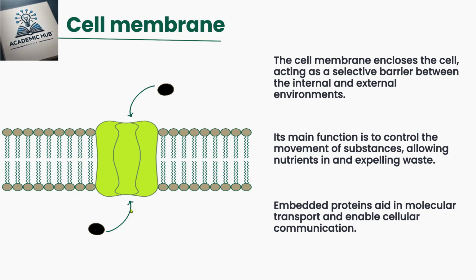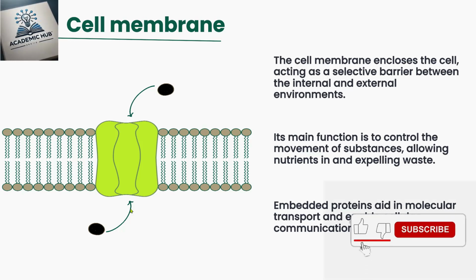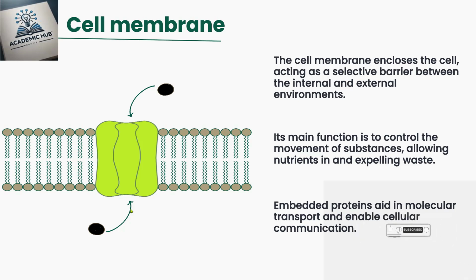Embedded proteins are central to these processes, facilitating molecular transport, mediating cellular communication, and supporting a variety of other functions such as enzymatic activity and cell adhesion. Examples from various cell types, whether nerve cells with rapid ion transport, intestinal cells absorbing nutrients, or immune cells detecting pathogens, illustrate the cell membrane's critical role in maintaining cellular function and integrity.